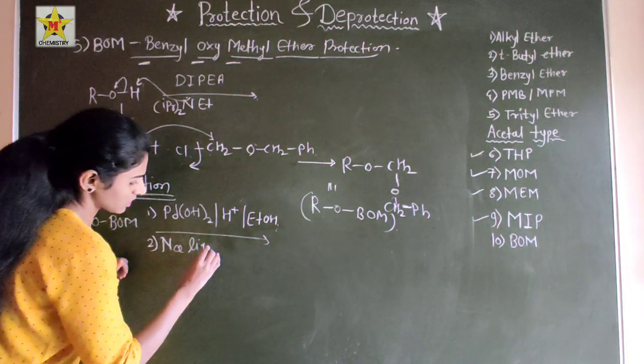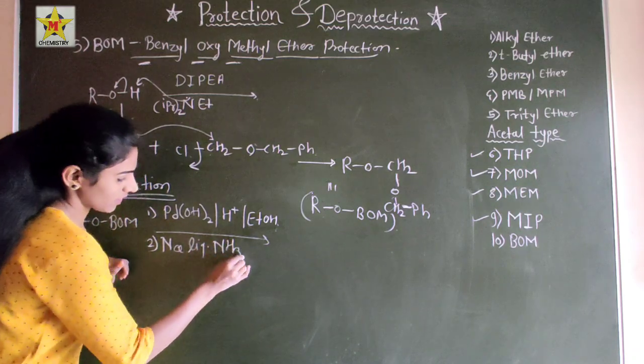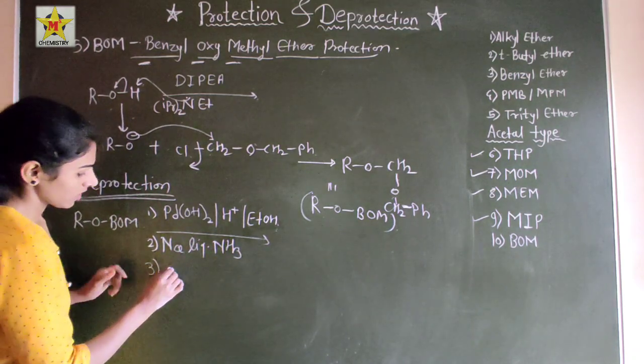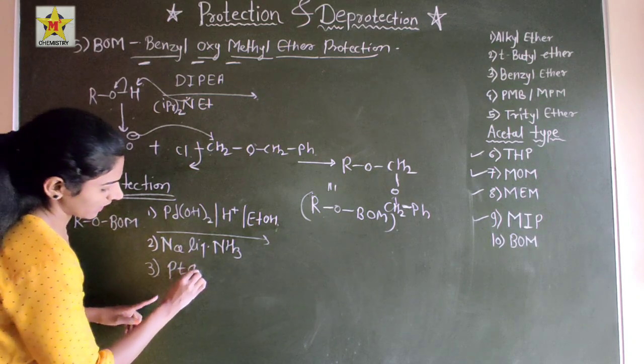Birch reduction means sodium in liquid ammonia, or by PtO2 catalyst.